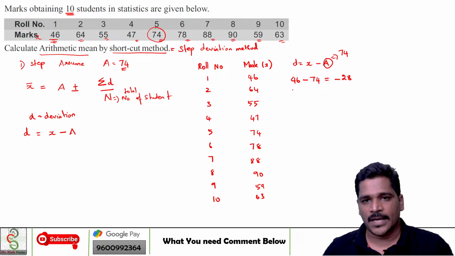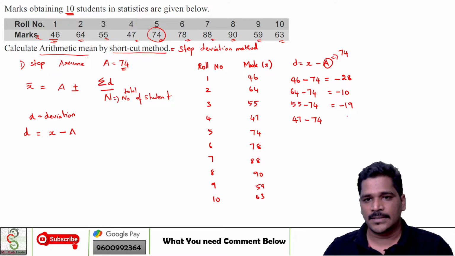Second, 64 minus 74 is minus 10. Third, 55 minus 74 is minus 19. And 47 minus 74 is minus 27. And then it is easy, 74 minus 74 is 0.